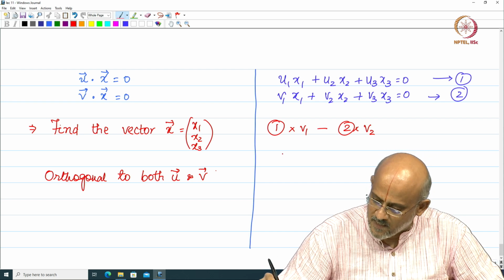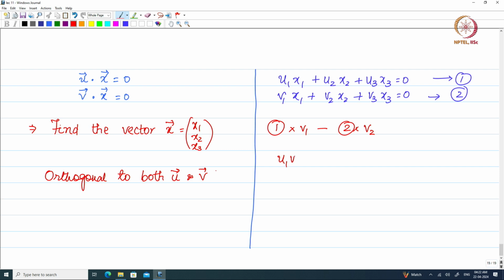So, if that is the case, then what will I get? I will get u1 v1 x1 plus u2 v1 x2 plus u3 v1 x3 is equal to 0, and I am going to get v1 u1 x1 plus v2 u1 x2 plus v3 u1 x3 is equal to 0.